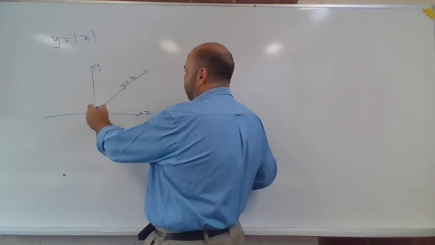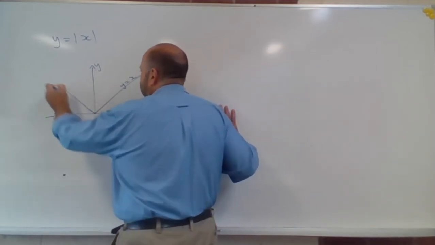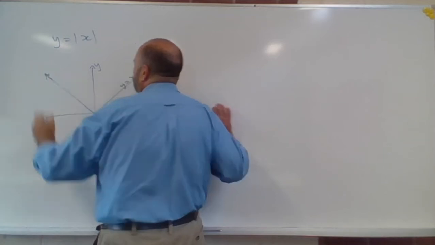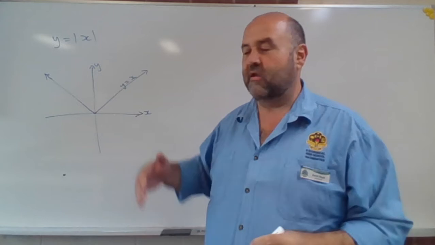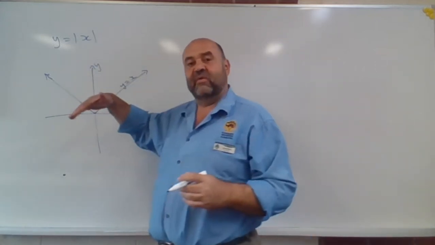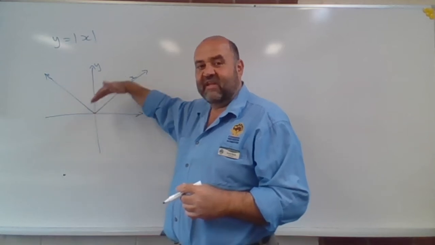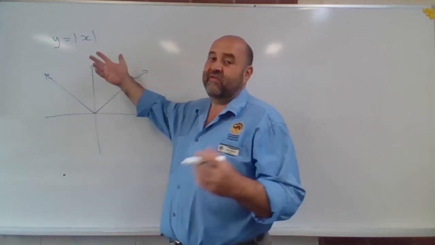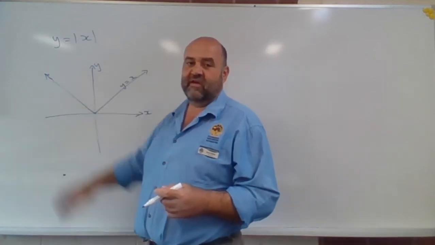So the line, instead of continuing down here, bounces off the x-axis, because the absolute value stops it from being negative. It comes down, hits the x-axis, can't go below because the absolute value of x has to be positive or 0, and it bounces and goes back up the other way.